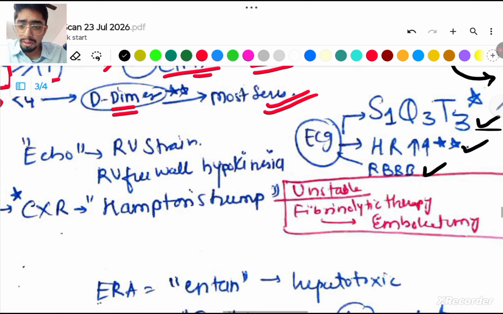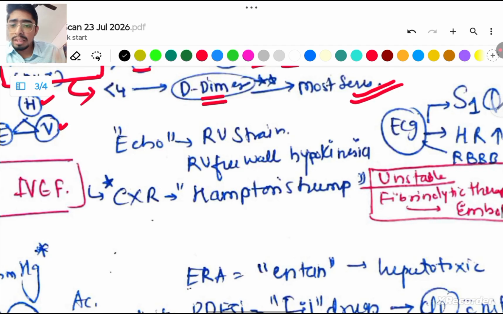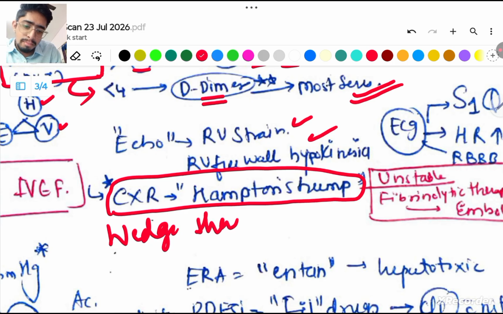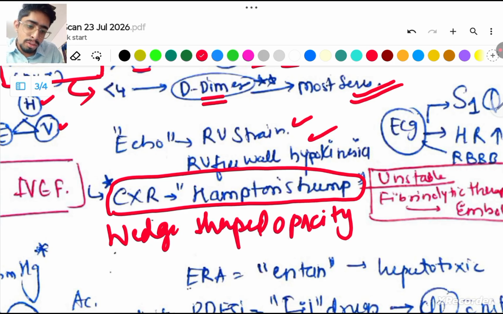You can see all of these. Now in echo you can have RV strain, or RV free wall hypokinesia. In chest X-ray, you see a Hampton's hump. It is a wedge-shaped hump or a wedge-shaped opacity. You need to look very.